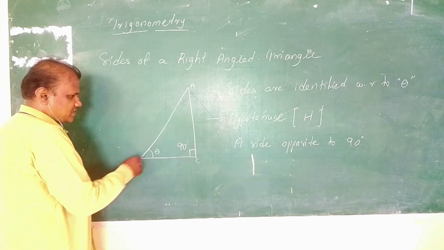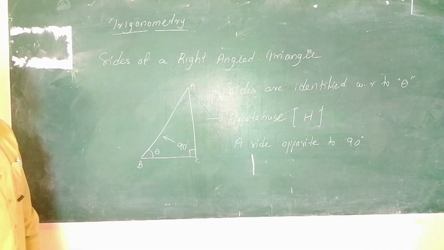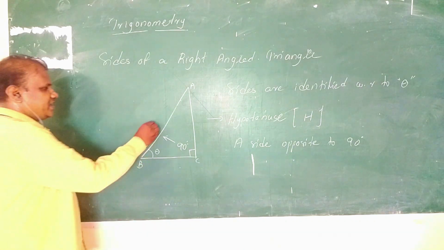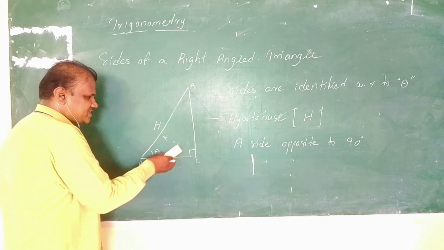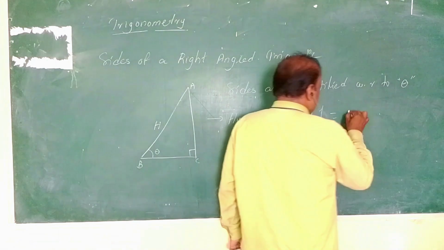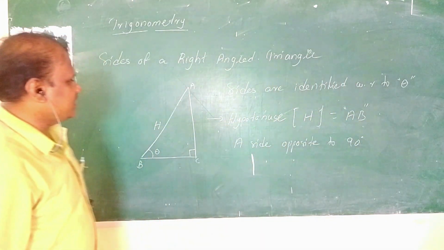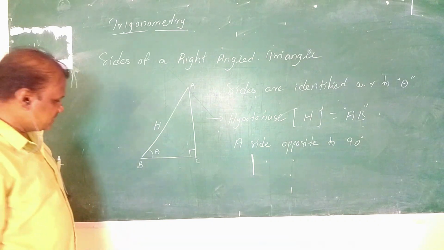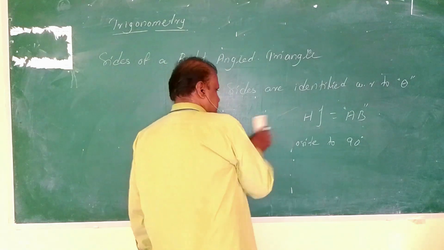So in our diagram, the hypotenuse is AB. The side AB is called the hypotenuse.